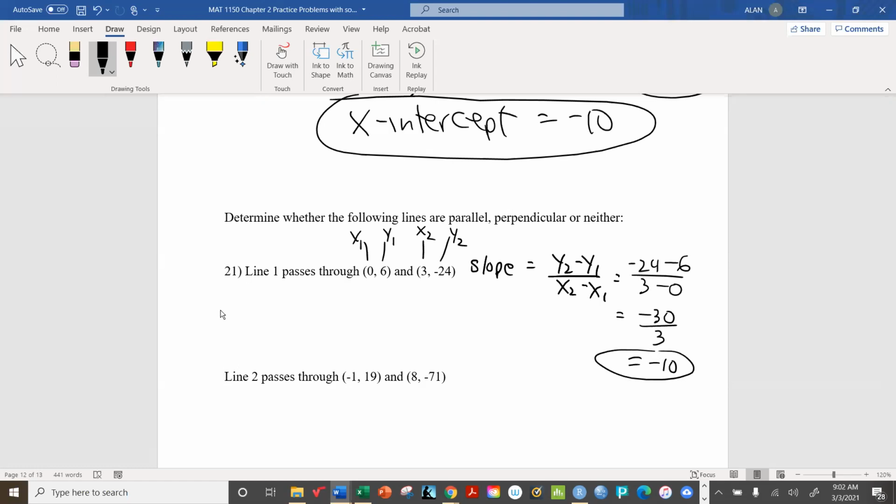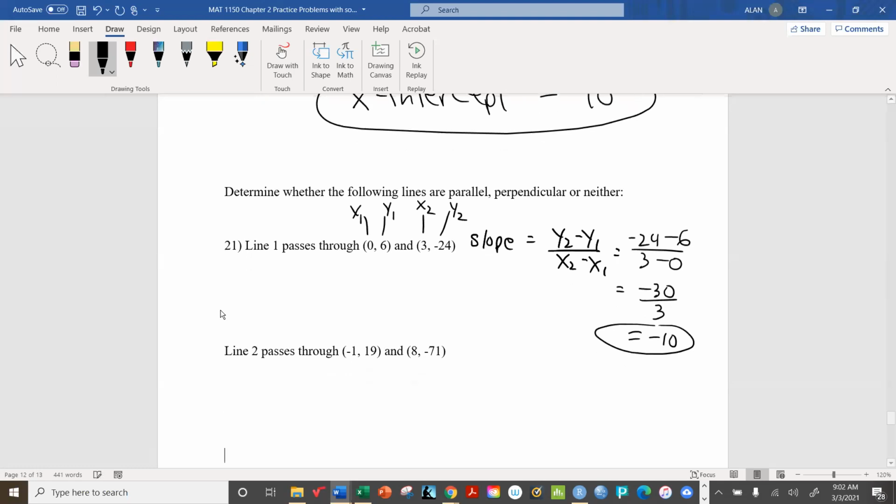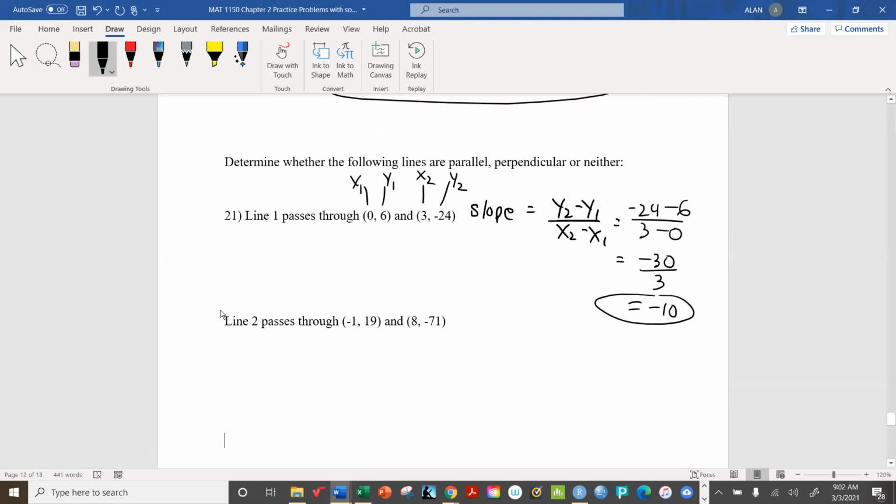So the first line has a slope of negative 10. What about this second line? The slope, y2 minus y1 over x2 minus x1. So we're going to have minus 71 minus a minus 1 over 8.